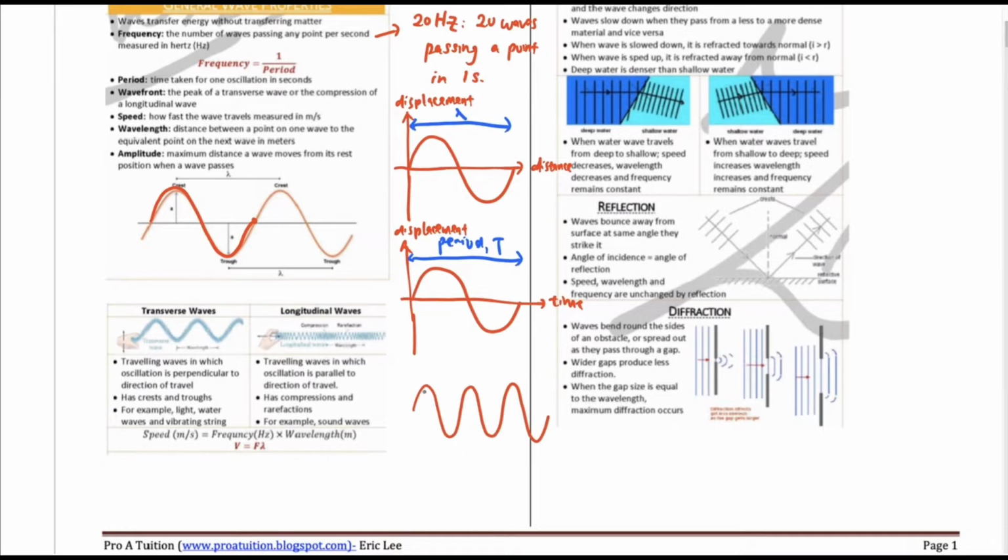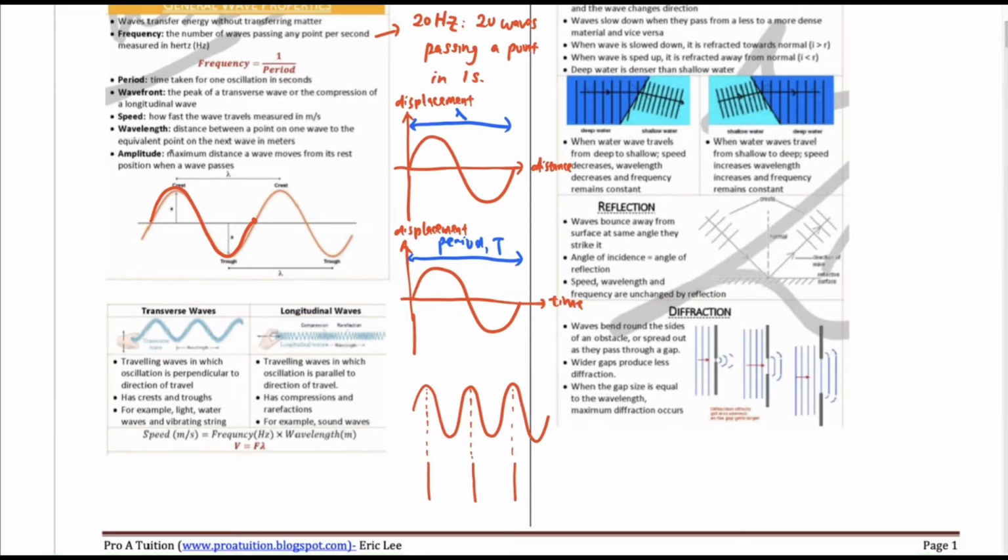So whenever we see the peak, we draw a vertical line to represent the wavefront. So this is another wavefront. Here is another peak, so this is a wavefront again. So wavefronts are these vertical lines. All these straight lines are wavefronts.